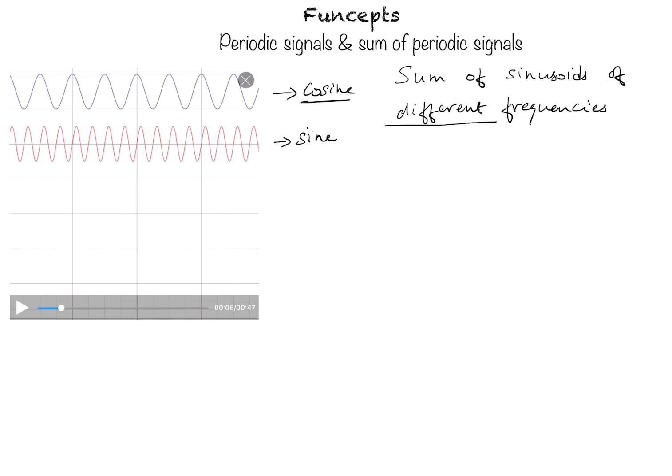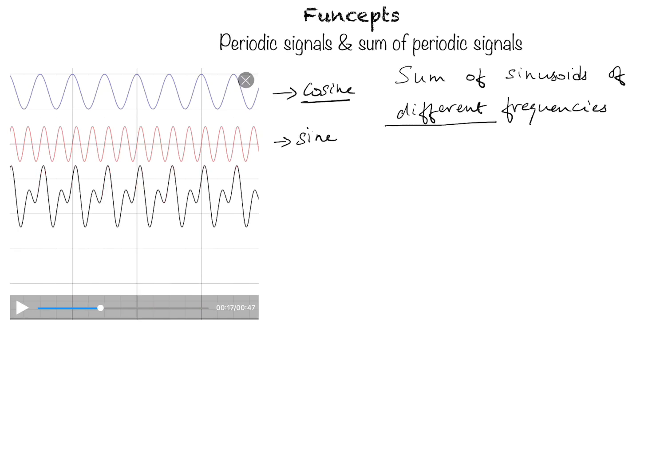That means the frequency of the sine wave is twice that of the cosine wave, and when we add these together we get a waveform which looks something like this. This black waveform is the sum of the top 2 waveforms. So when we add this cosine plus sine, we end up with this.